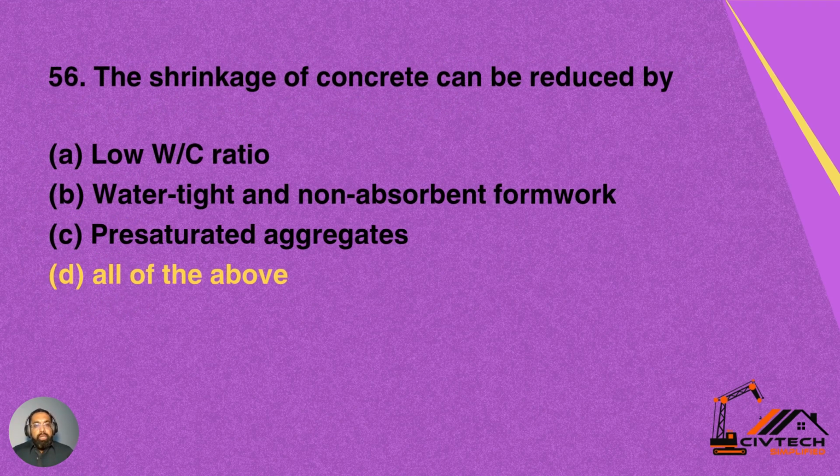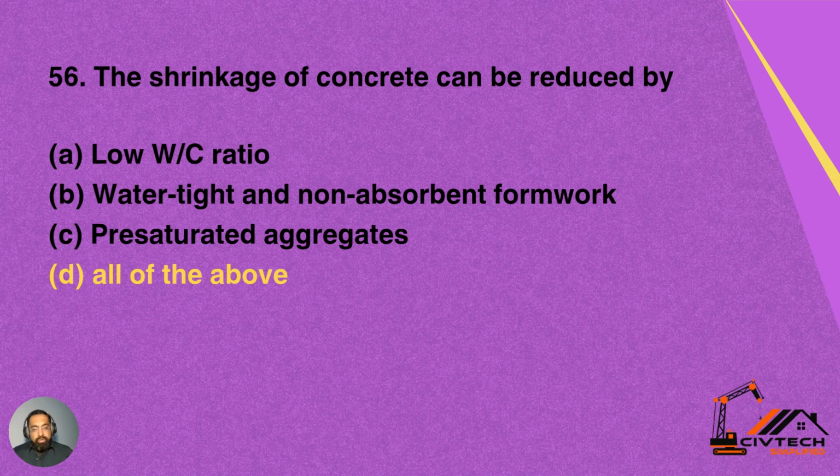Question number 56. The shrinkage of concrete can be reduced by: option A, lowering the water cement ratio, B, watertight and non-absorbent formwork, option C, pre-saturated aggregates. So all these are correct options.